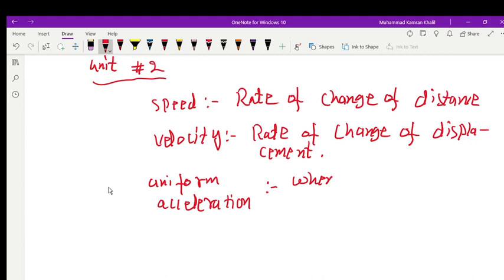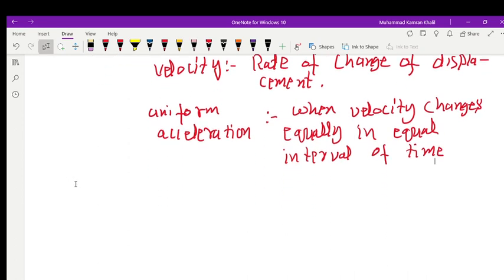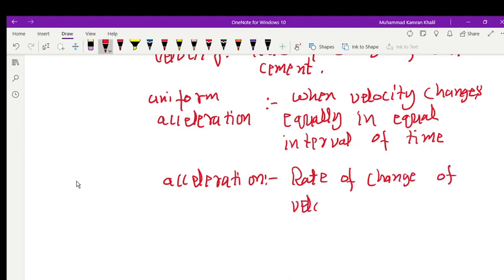When velocity changes equally in equal intervals of time, then the simple definition of acceleration is: the rate of change of velocity. It is called as acceleration.